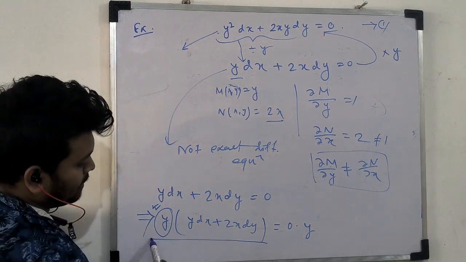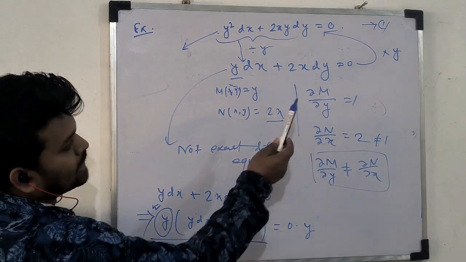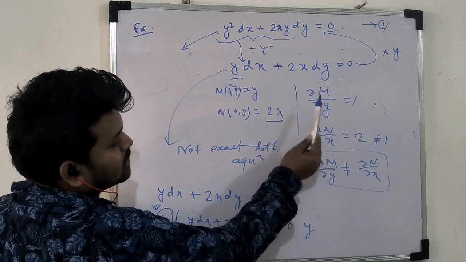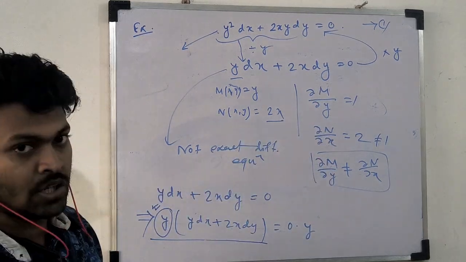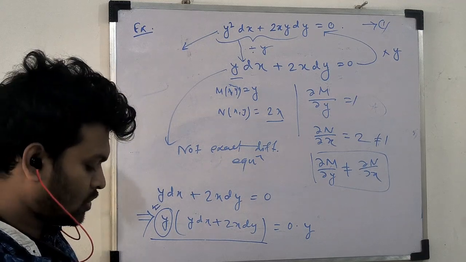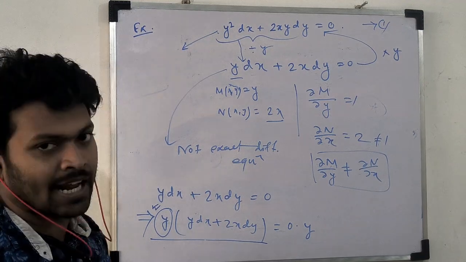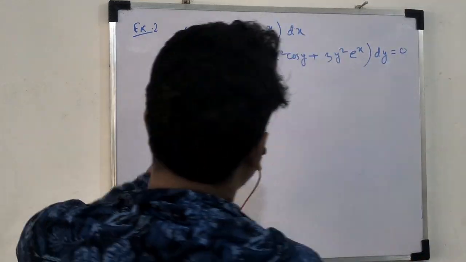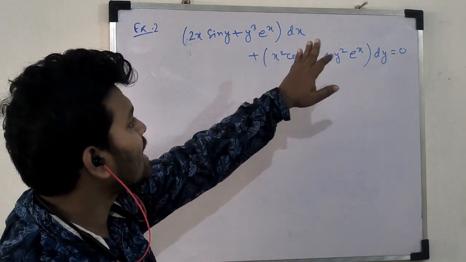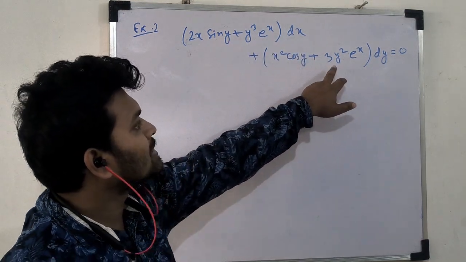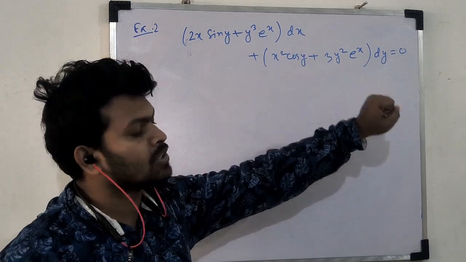So now we check this, and we get that del M del y and del N del x are equal. So that is the integrating factor. So let us take another example. This is given: (2x sin y plus y cube e to the power x) dx plus (x square cos y plus 3y square e to the power x) dy equal to 0.